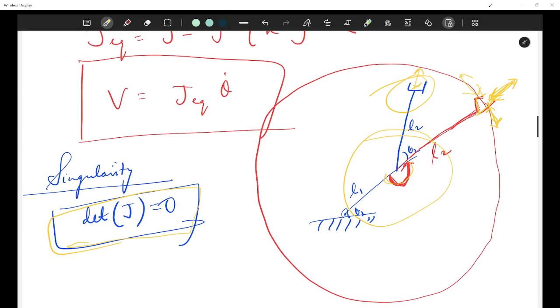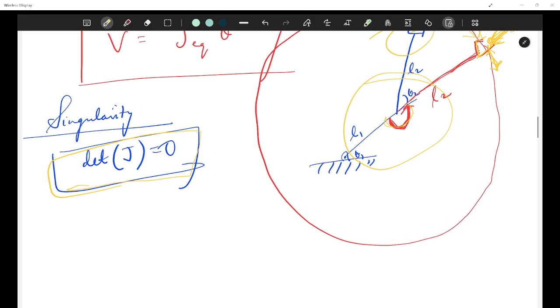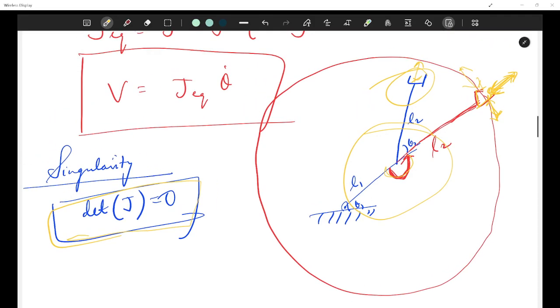You would see that for moving in this direction you will need to move with infinite velocity, which is not possible, and all of those cases we'll see. But before that, some end effector velocities cannot be produced. Infinite joint velocities may also be required, right? And then the robot loses instantaneous mobility and mechanical advantage is not there.